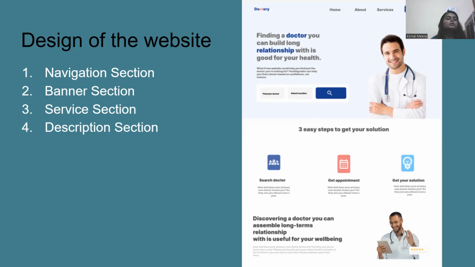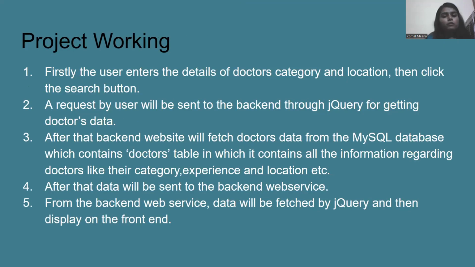Okay. So now let's have a look at the project working. Firstly, the user enters the details of doctor's category and location, then clicks the search button. A request from the user will be sent to the backend through jQuery for getting doctor's data. After that, the backend web service will fetch doctor's data from the MySQL database, which contains the doctor's table.